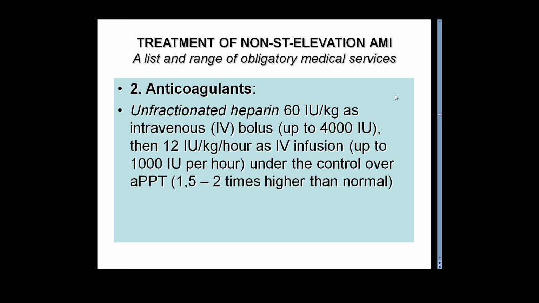Anticoagulants for prevention of further thrombosis formation. No thrombolytics, anticoagulants. Usually we use unfractionated heparin, 60 units per kilogram body weight as intravenous bolus up to 4,000 units.